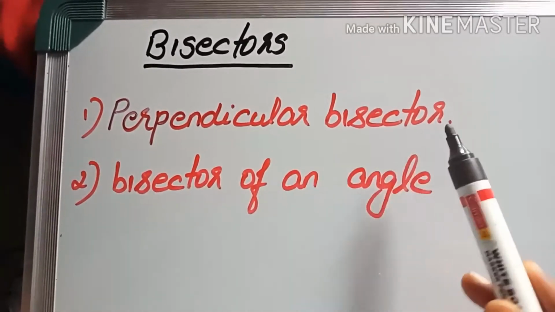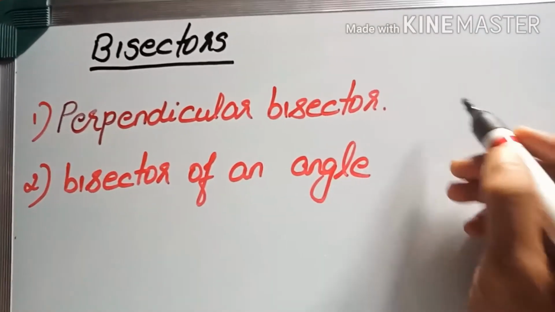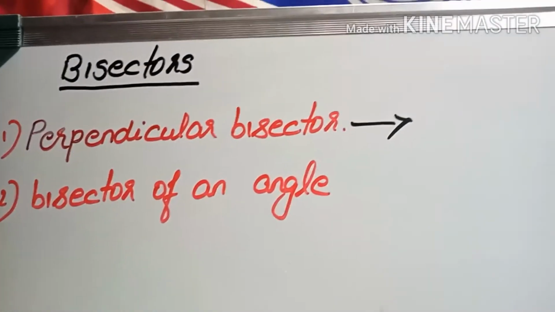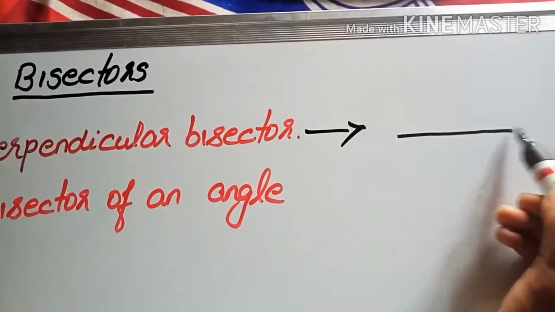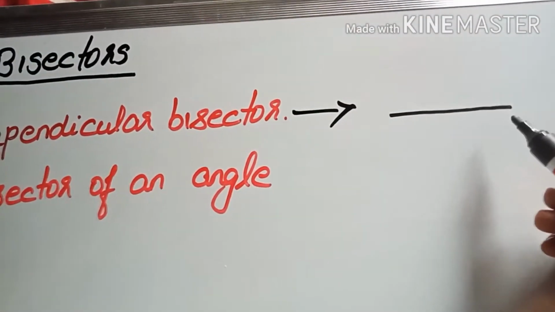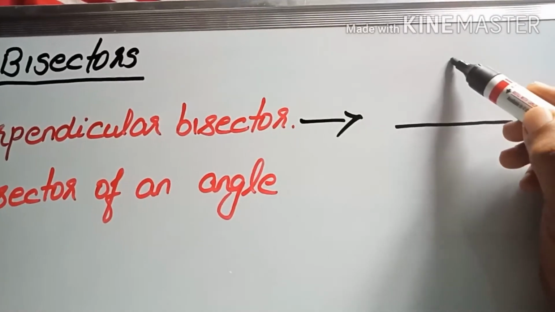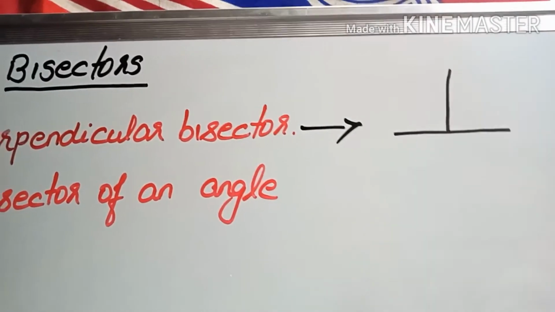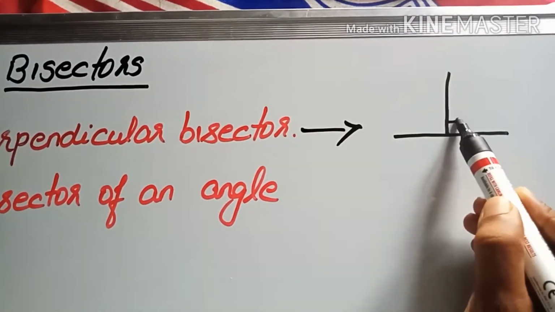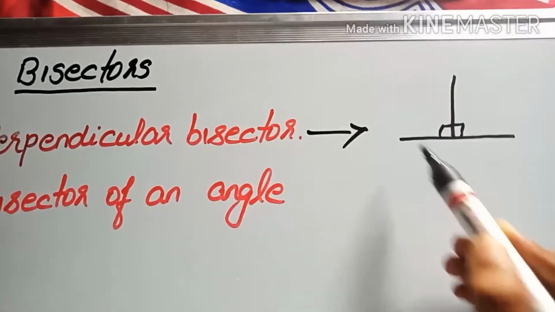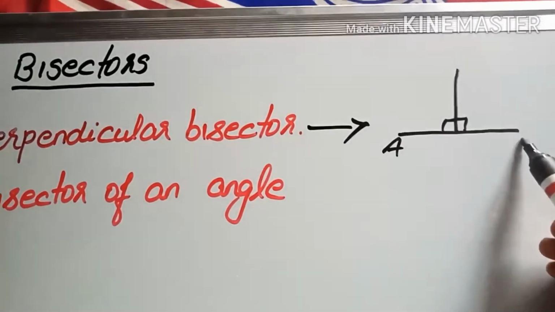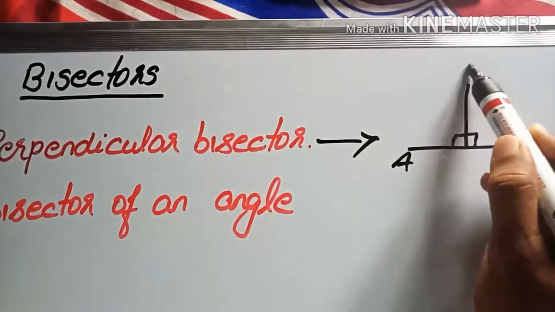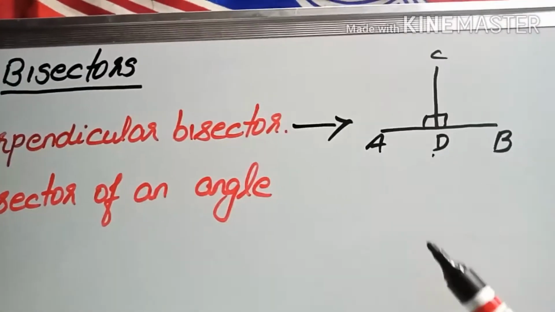First one perpendicular bisector. Here perpendicular bisector means a line. For example, a line is divided by another line. A perpendicular line cuts this line into two equal halves. Two equal halves means, for example, AB is the line. Okay, CD is a perpendicular line.